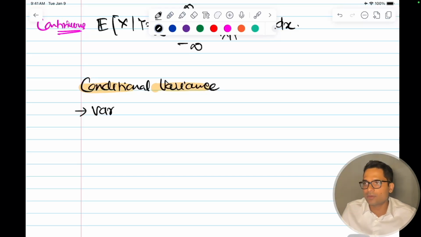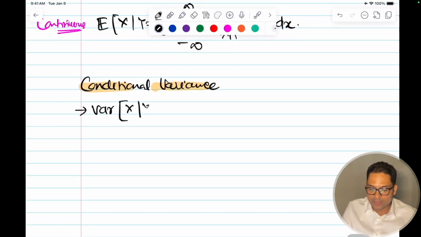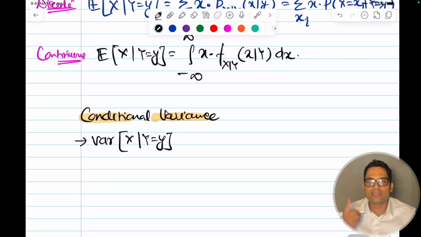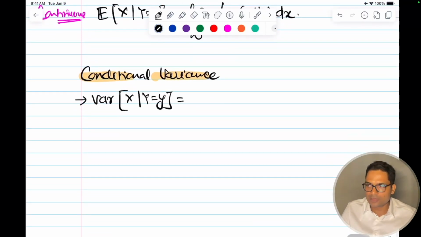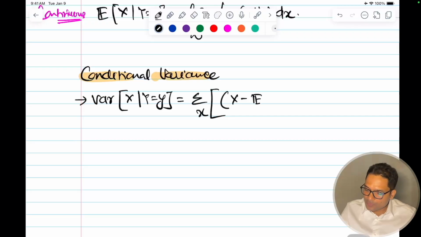You know what variance is, I will not go through that. Variance of x given y has already happened, y equal to y, is equal to summation over x of (x minus expectation of x given y equal to y) squared.